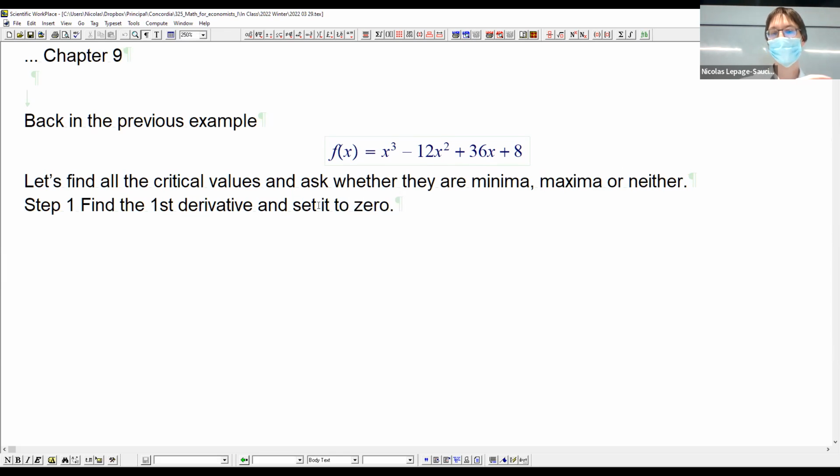Right? Because what we want is that the slope of the function equals 0.